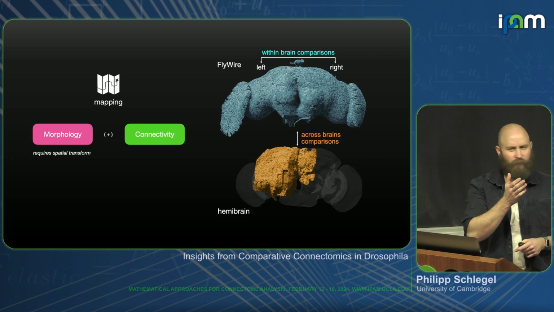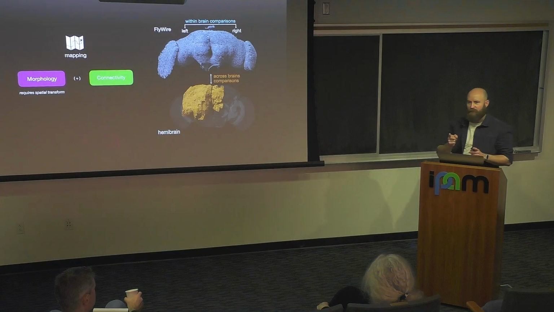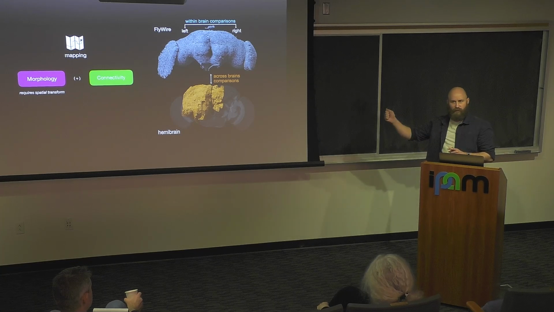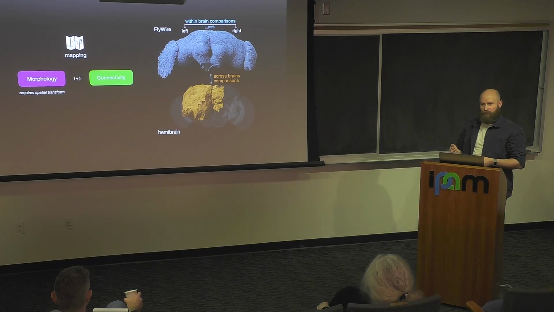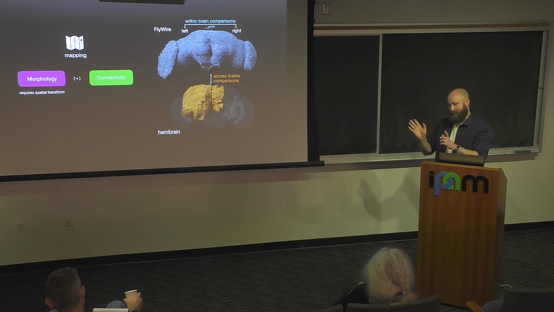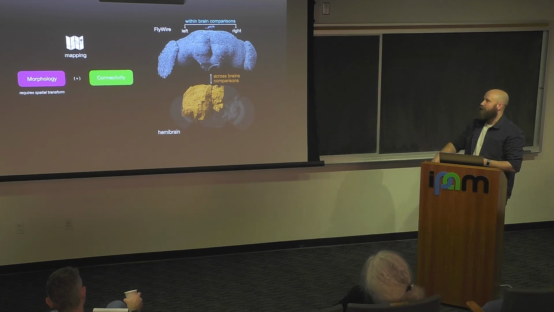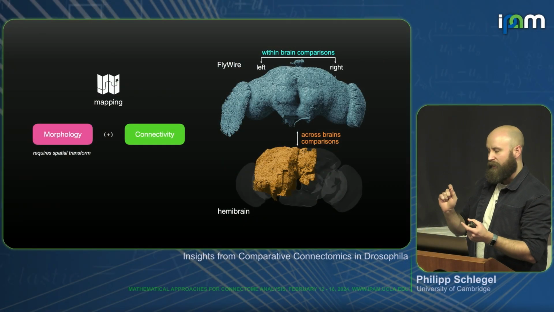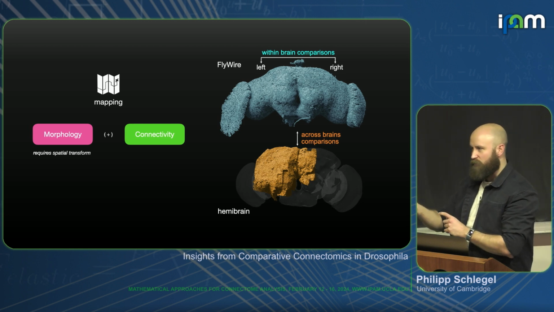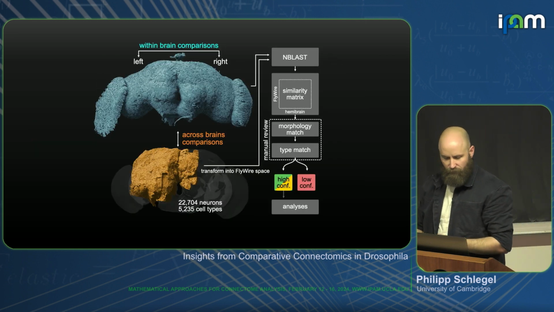I think Ashok may have mentioned that fly neurons are super stereotyped: you can find the same neuron over and over again in pretty much every brain. So morphology is a very strong metric, at least depending on the metric, but it's a good start. Then obviously you can use connectivity. In our case, we use morphology for the coarse matching, and if we need to refine, we use connectivity.